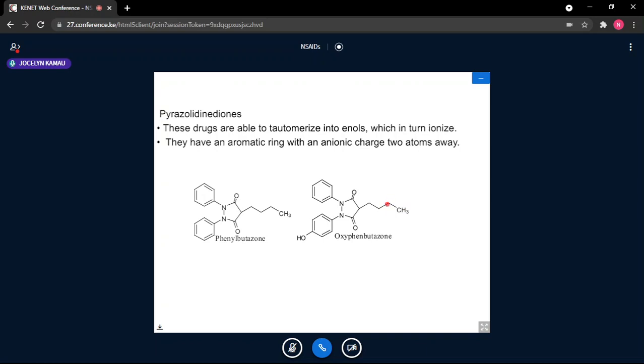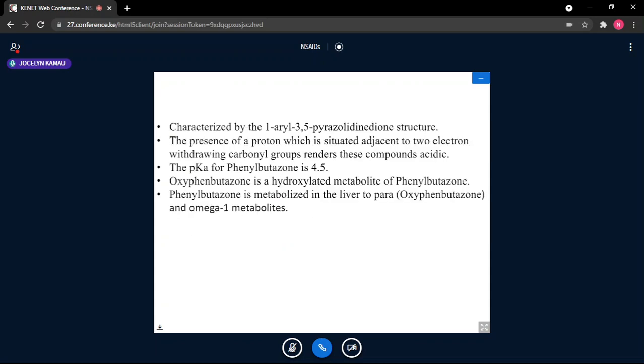If you get the omega-1 hydroxyl group, you can also get the keto metabolite. But the major metabolite, as we have said, is the para-hydroxyl metabolite. You can have others, as we have said, hydroxylation at that position, oxidation at that position to give us a ketone, but they have almost insignificant activity.